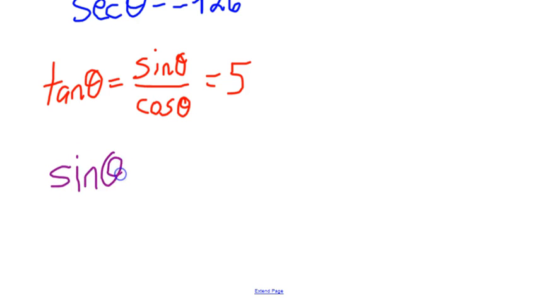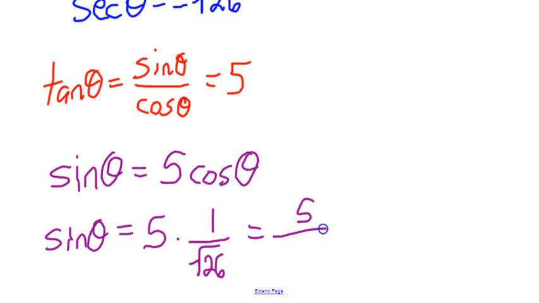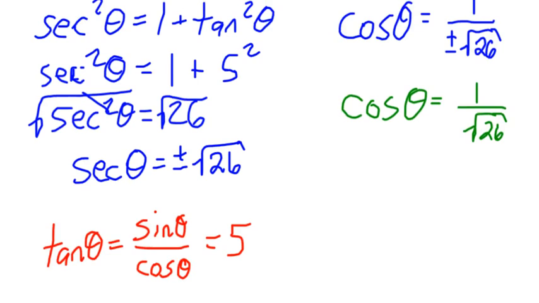So sine of theta is equal to 5 times the cosine of theta. And we just found that the cosine of theta is equal to 1 divided by radical 26. So we have 5 times 1 over radical 26, which is equal to 5 over radical 26. So we have our sine of theta and cosine of theta. Those are the same two values we would have found if we used a reference triangle to find those values.